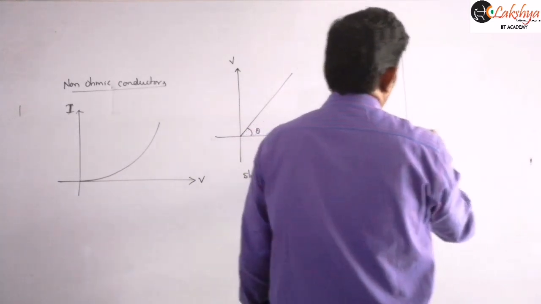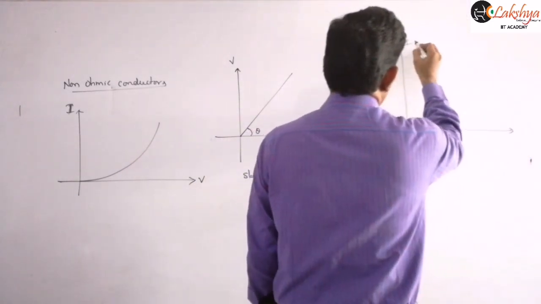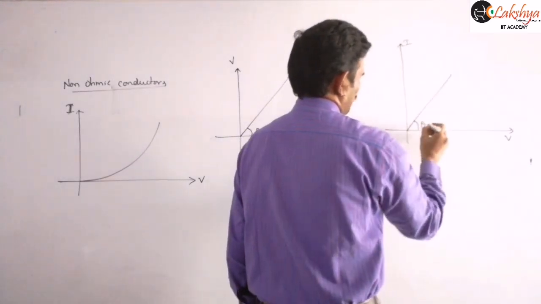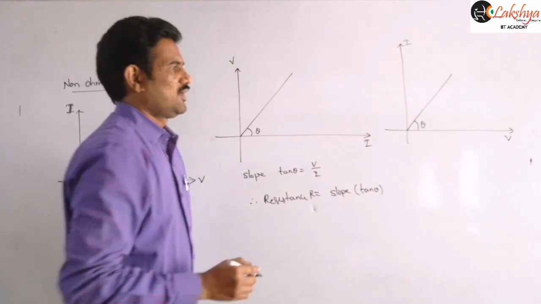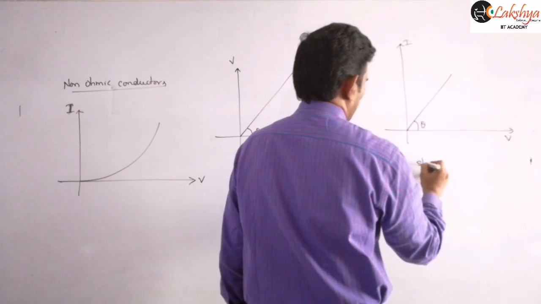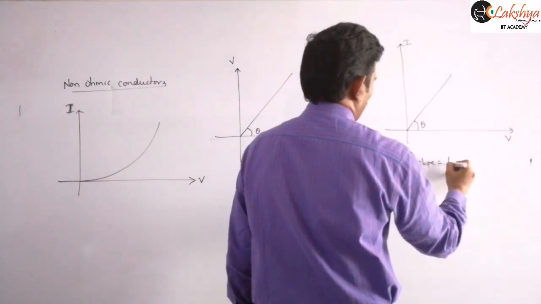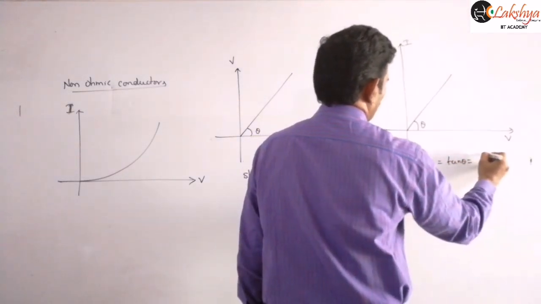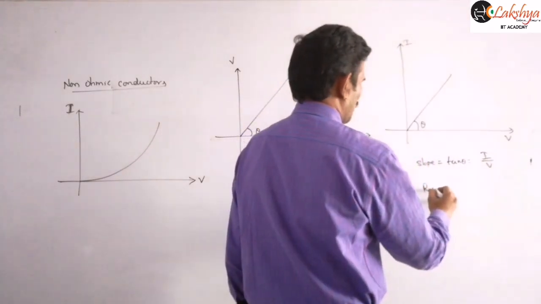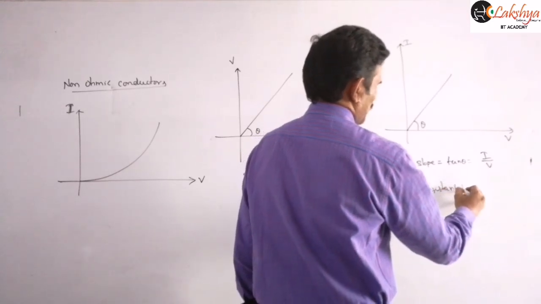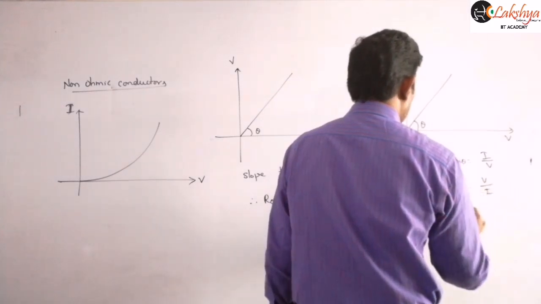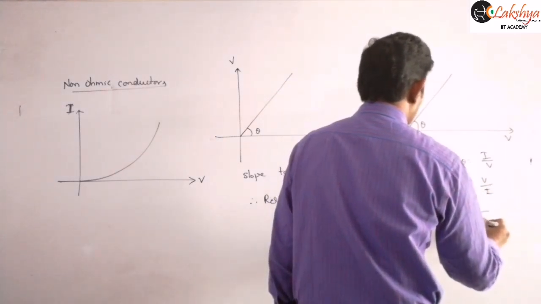For example, if I take current on the y axis and potential difference on the x axis, then the slope, tan theta, is equal to I by V. Now the resistance R is equal to V by I, which is the reciprocal of this slope.